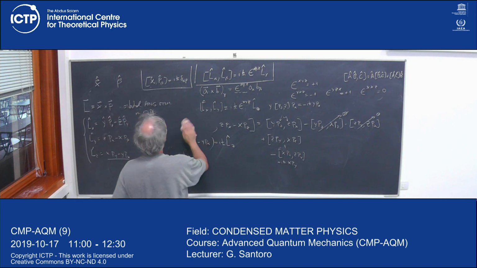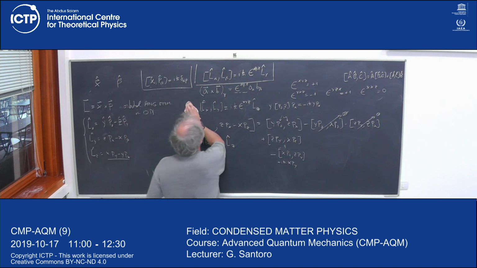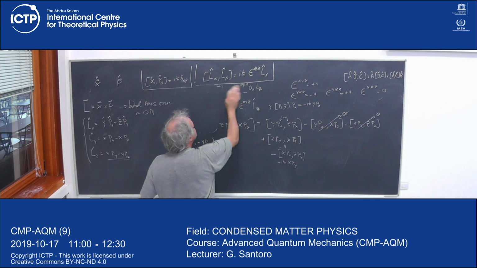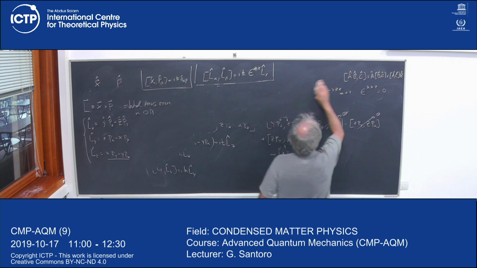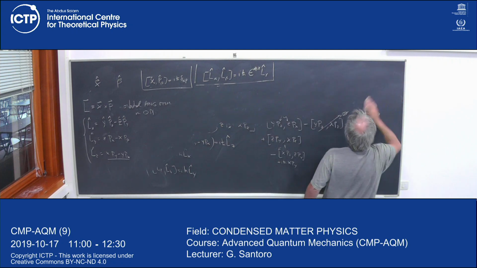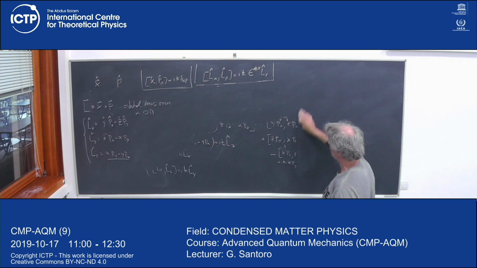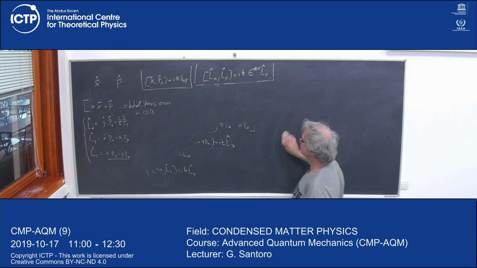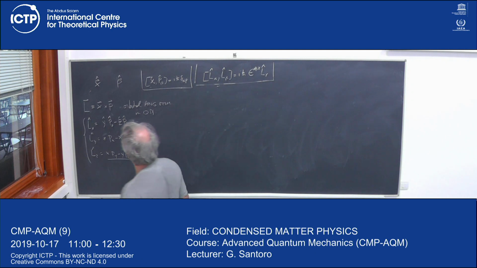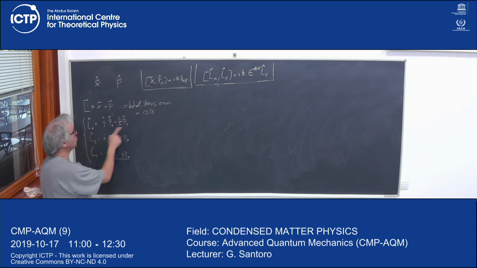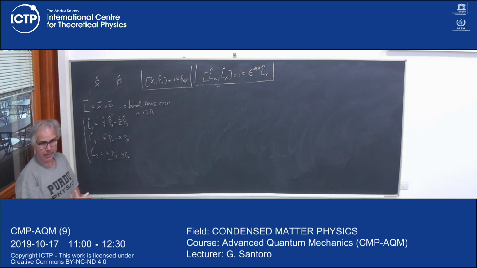Now let's enter further into this business. The first thing that I want to show you is that the angular momentum operators, you see, they involve in general all coordinates or momenta, right?